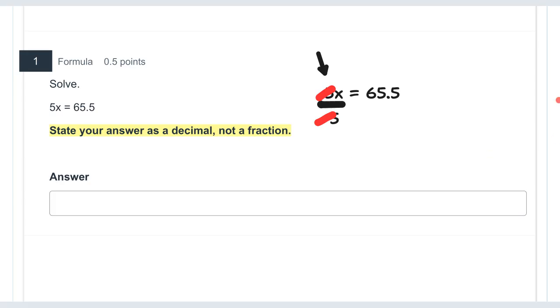All right, now we're not done yet, because since we divided the left side by 5, we also have to divide the right side by 5. And then we're going to grab our calculator and do this on our calculator.